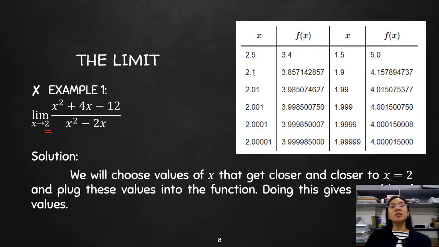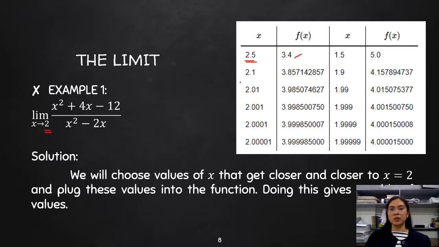If you take a look, it's not equal to 2, but values that are close to 2. The same is true with the other side of the graph: we plugged in values smaller than 2, but very close to 2. What can you see from the table? For example, if x is 2.5, we substitute it into our main equation and get a value of 3.4.